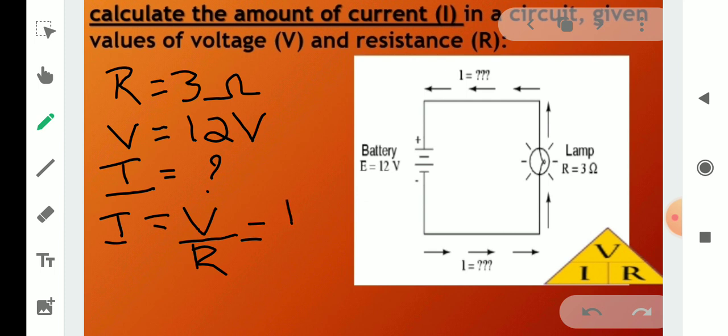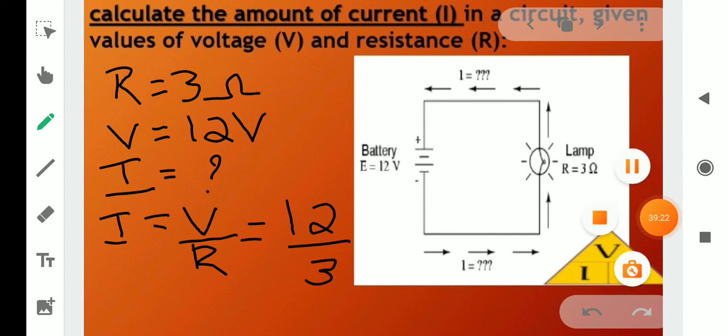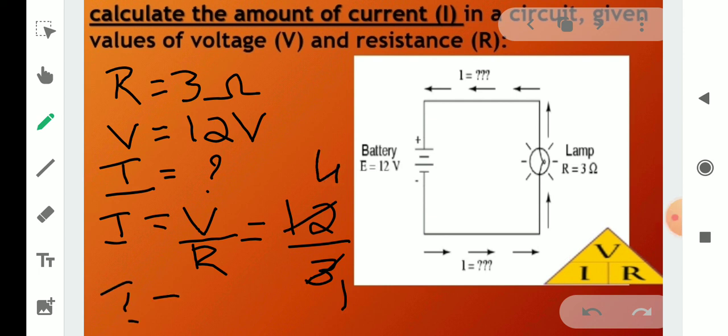V is equal to 12 volt divided by resistance, 3. So 3 ones are 3, 3 fours are 12. What is the electric current value which you have got? I is equal to 4. What is the unit of electric current? It is ampere. Therefore it is 4 ampere. Okay. Just see.